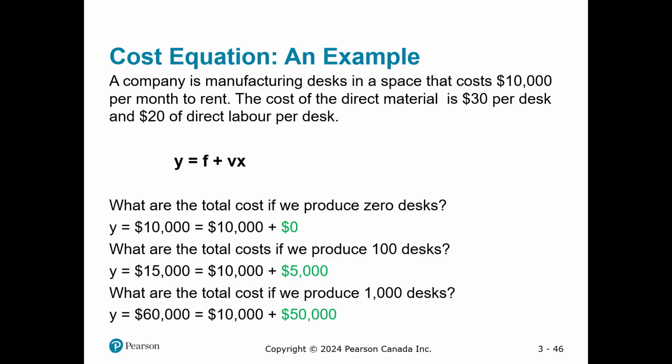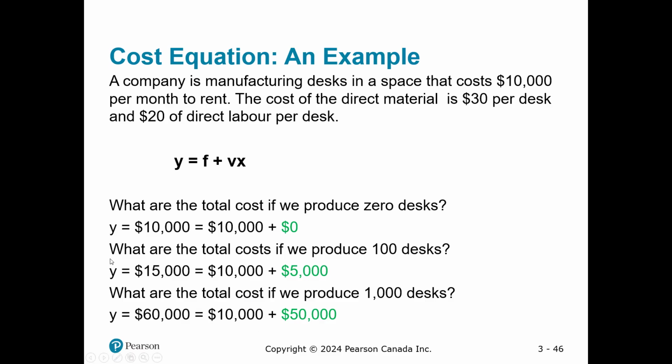Now, if I summarize this information, you can see that total mixed costs, because this cost is mixed because it has a fixed portion and a variable portion, increase as the volume level of activity increases. Why? Because of the variable cost component, right? The 10,000 never changes.